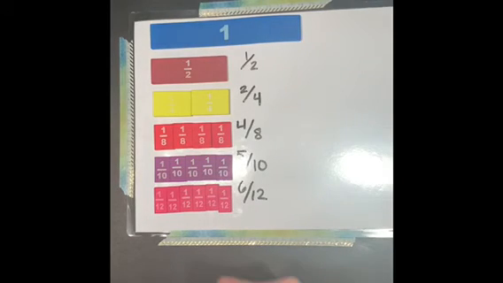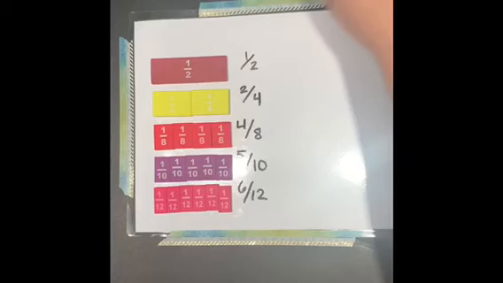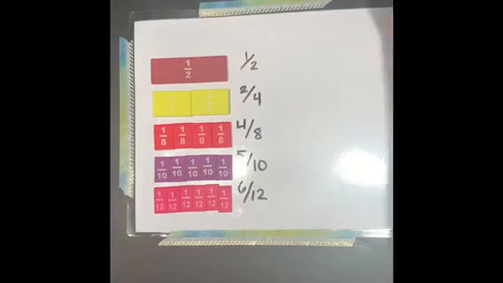Awesome. Okay, one more. Pause the video and take out your 1/6 bar. Observe it. Look how long it is. Now, without putting it next to the half, I want you to predict how many you're going to need in order to take up the same amount of space as 1/2. Okay, let's try it together.